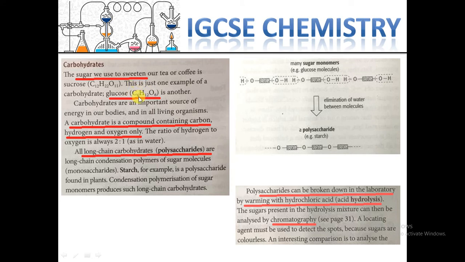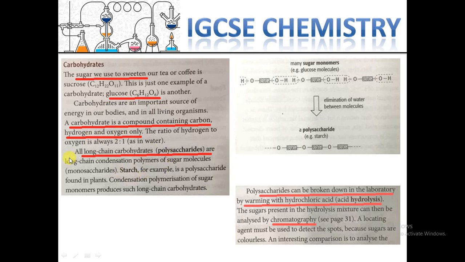The chemical formula is C6H12O6. A carbohydrate is a compound containing carbon, hydrogen, and oxygen only. So these are very similar to the hydrocarbons. Hydrocarbons we learned in chapter 10. So carbohydrates have only carbon, hydrogen, and oxygen.